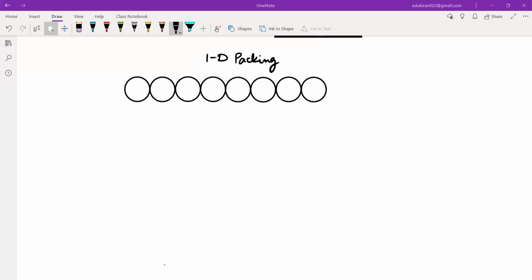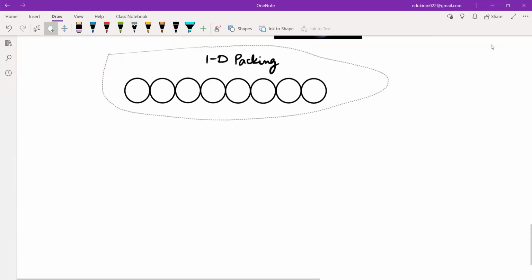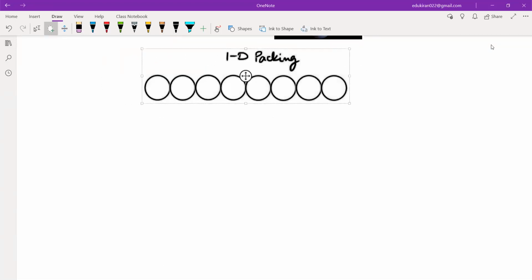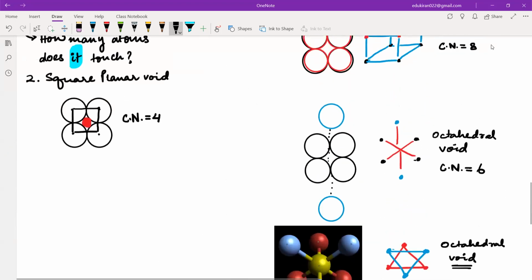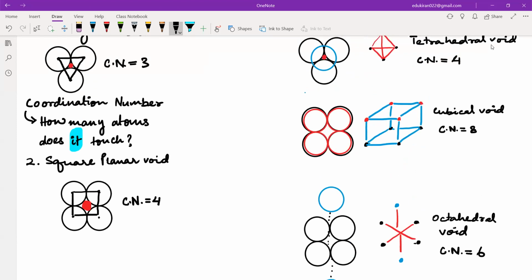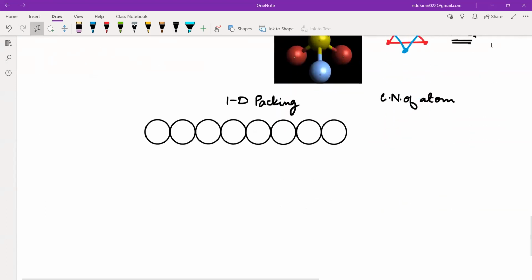Now, there is only one question that can come from 1D packing, and it is the coordination number of the atom. When I say coordination number of atom, the question is, how many atoms does an atom touch? So in 1D packing, how many atoms are these atoms touching? We are interested only in the atoms whose whole environment is being made.